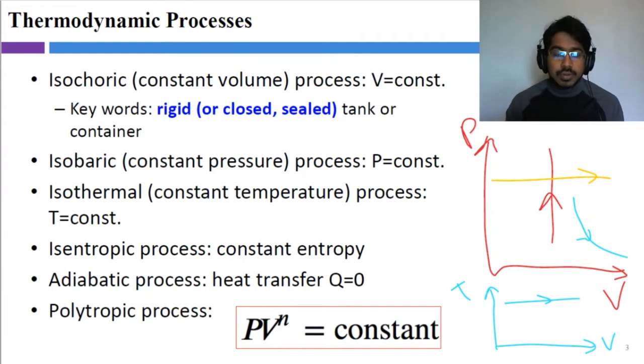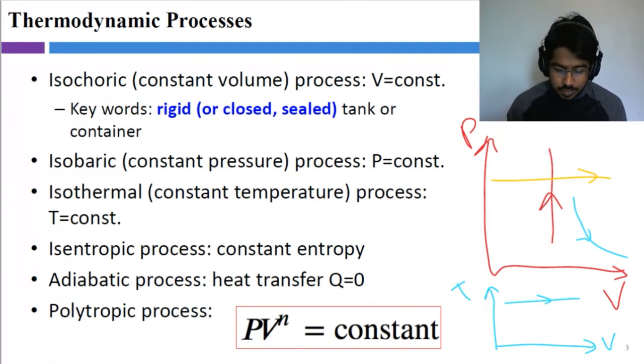In a question it could come in two ways. One way is to mention a well insulated tank or well insulated system, or the other way is to say this is an adiabatic process. Either way, you should be able to understand these terms, right?